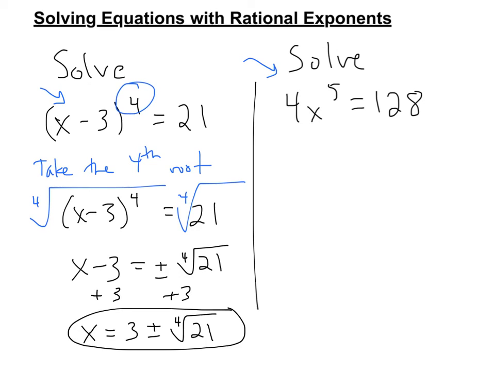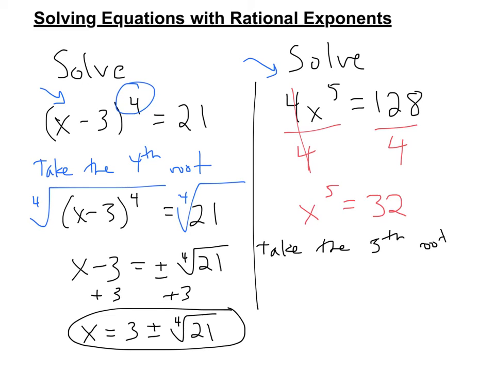With the one on the right, we will first isolate the power. Dividing by 4 on both sides, we get x to the fifth equals 32. Okay, and in this equation, we want to take the fifth root of both sides because we have a power of 5 that we want to get rid of.